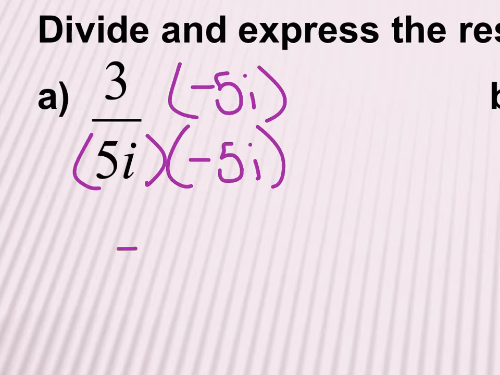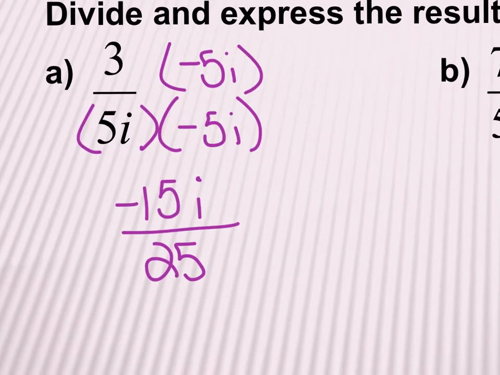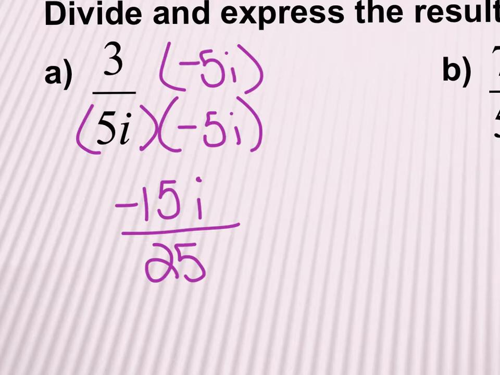So my numerator is negative 15i, and my denominator, remember that would be my b squared, which is 25. Or negative 5 times 5, which is negative 5i times i. So this is negative 25i squared, which becomes negative 25 times negative 1, which is where I get the positive 25 from.